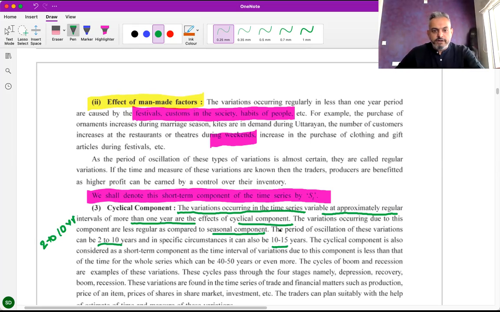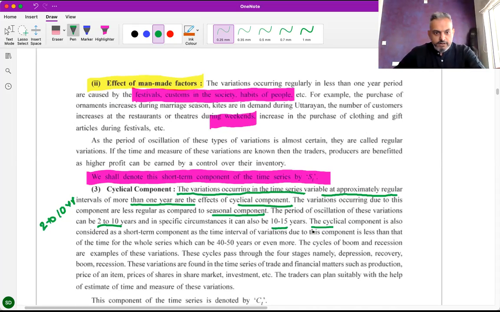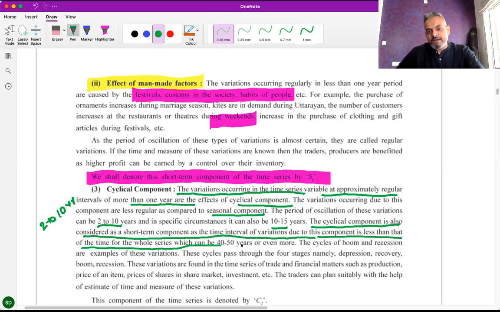Cyclical component is also considered an important short-term component, as the time interval of variation due to this component is less than that of the time for the whole series, which can be 40, 50 years or even more.